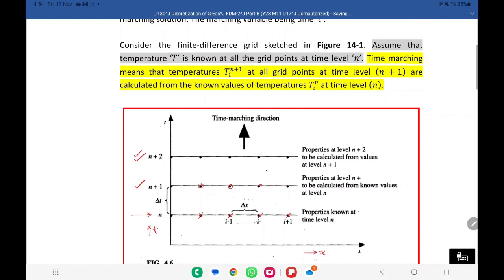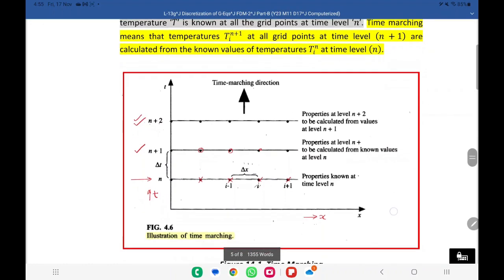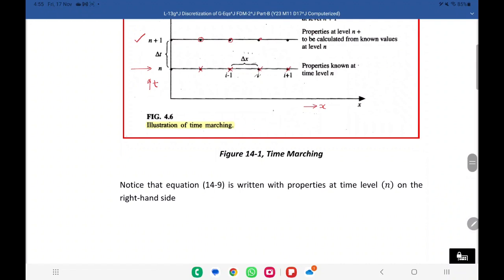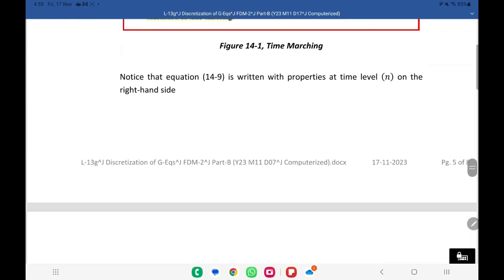You are moving from one step to another to another. So at a particular time, you know all the temperatures, and you can keep on moving ahead. This is called a parabolic solution, parabolic equations, or time marching. The special name is given to it, time marching.